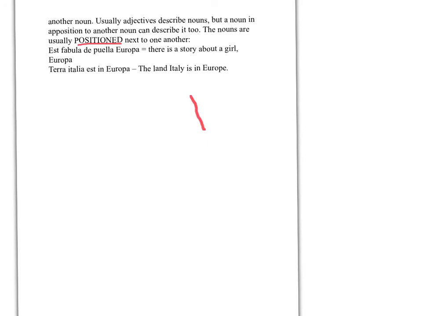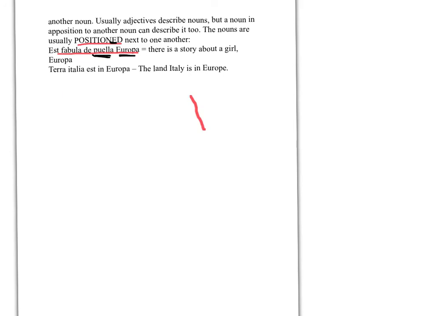So in the example, est fabula de puella Europa, the sentence translates as, there is, note that I had to supply there is, fabula, a story, note that I had to supply a, de puella, about a girl, that's in the ablative, so I can't type the long mark, but I can write it in here. Est fabula de puella Europa. There is a story about a girl, Europa.